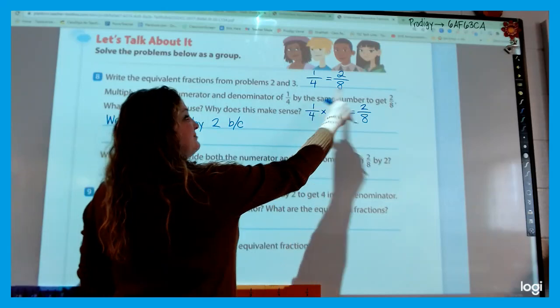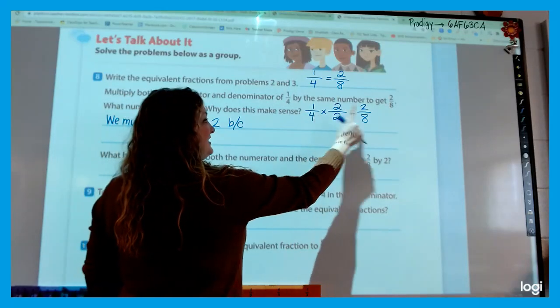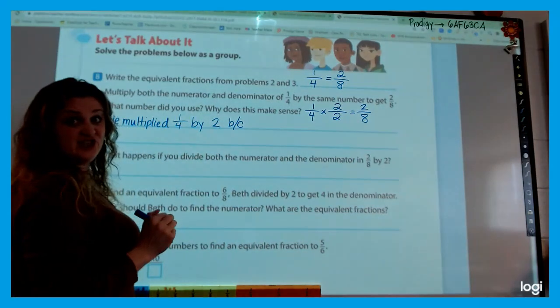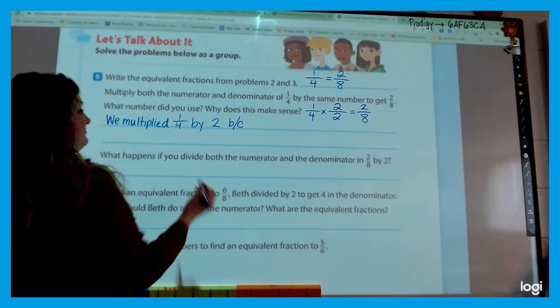Our 1 needed to become a 2, and our 4 needed to become an 8. 2 was the only option that worked.